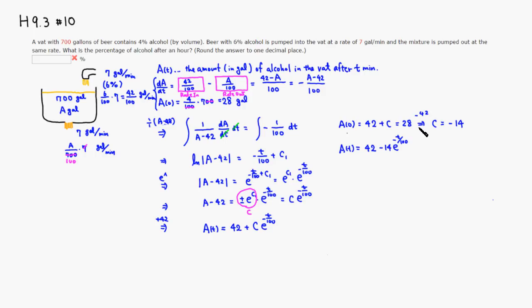Now we can find A of 60. A of 60 equals 42 minus 14 e to the negative 60 over 100. Let's bring out a calculator.